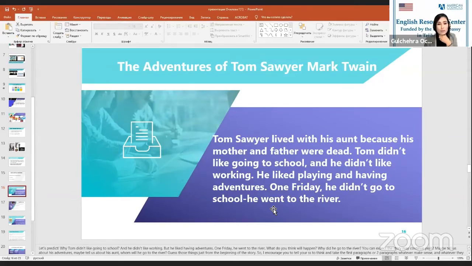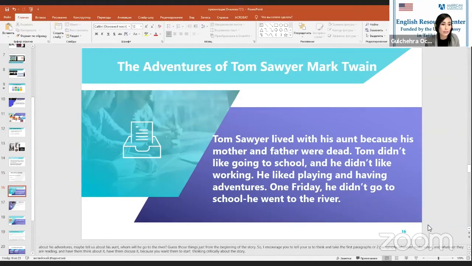Those things are just from the beginning of the story. So I encourage you to tell your students to think about the first paragraph or two, whatever makes sense and whatever they are reading, and have them think about it and discuss it, because you want them to start thinking critically about the story.